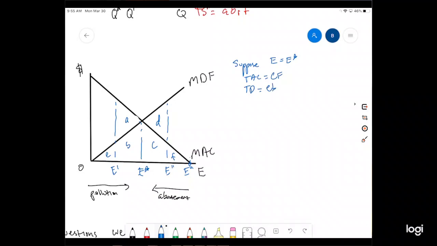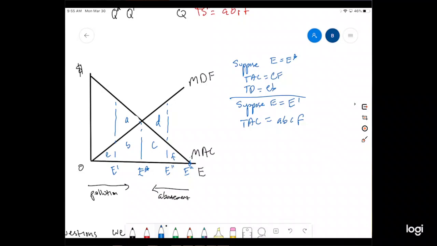Now suppose E is equal to E prime. Total abatement costs are equal to A, B, C, and F. It's the area under the marginal abatement cost curve all the way up to E prime.